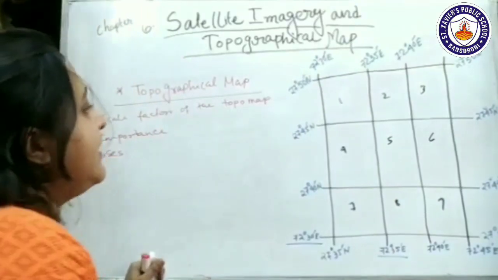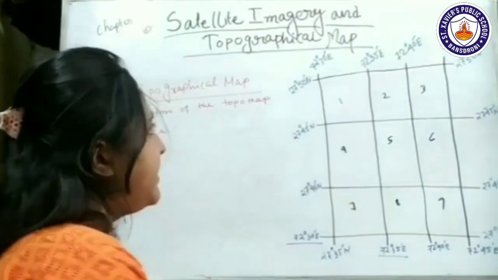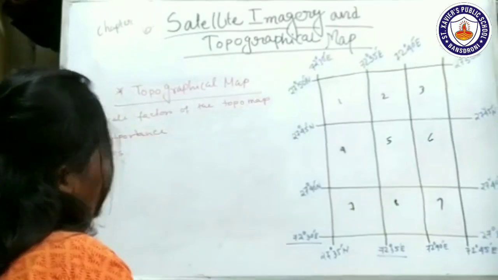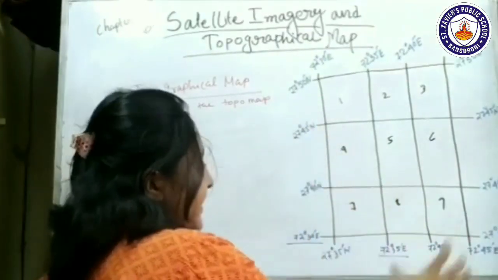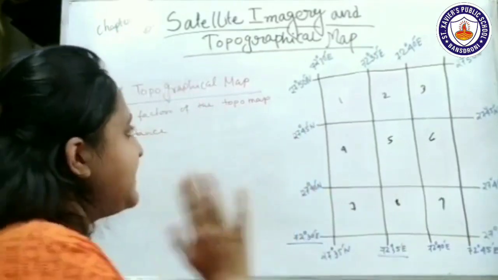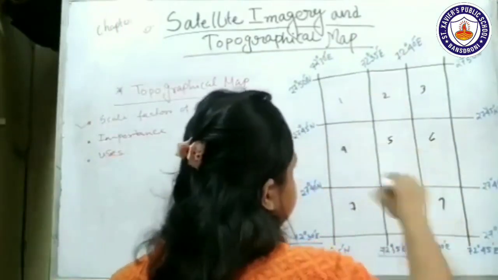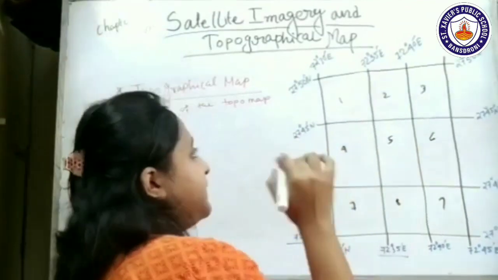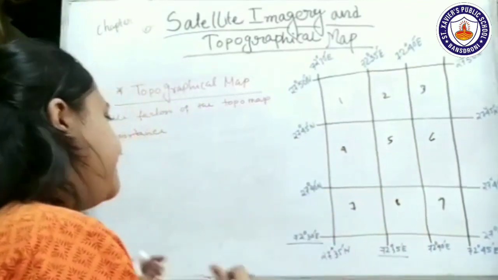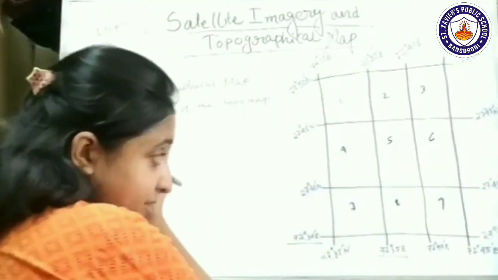Just remember that a topographical map covers a particular land area. It has a particular latitude and longitude extent, and it has 9 grids. It includes the physical, cultural and social features of a particular area, right?